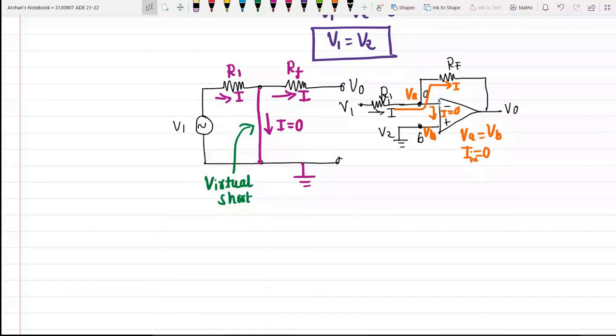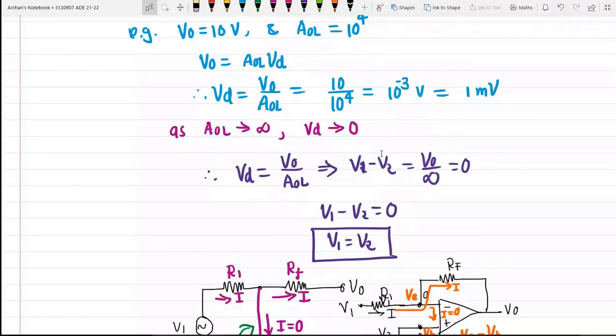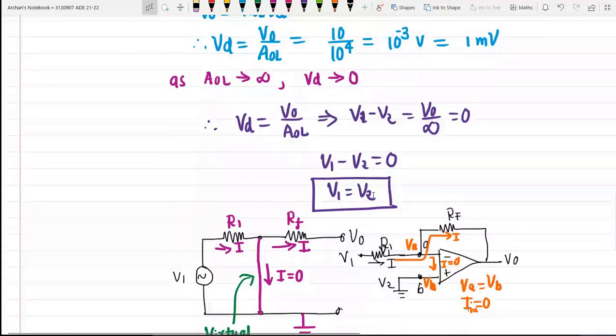In the analysis of different operational amplifier circuits, we will be using these two simplifying assumptions: one is the concept of virtual short, and the other is that the input current is always equal to 0.